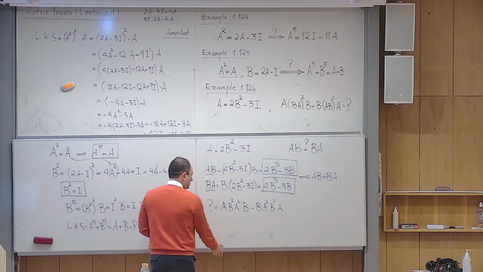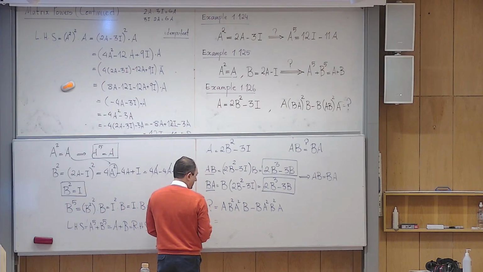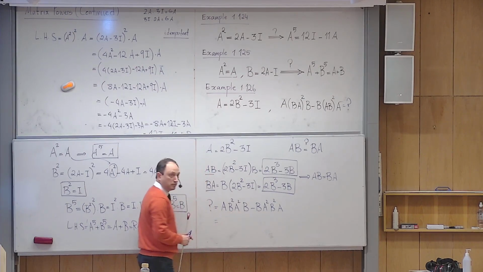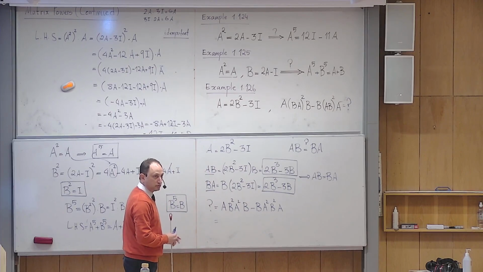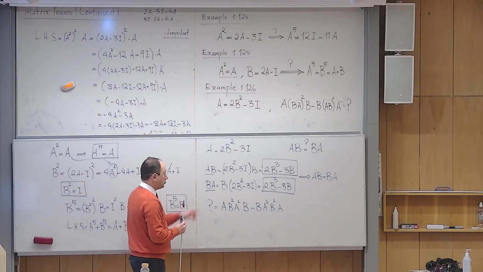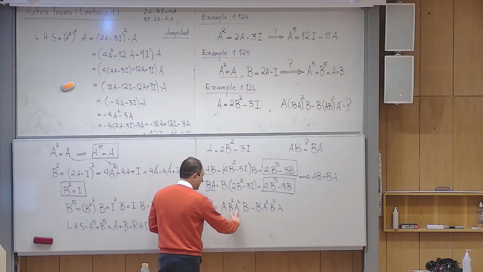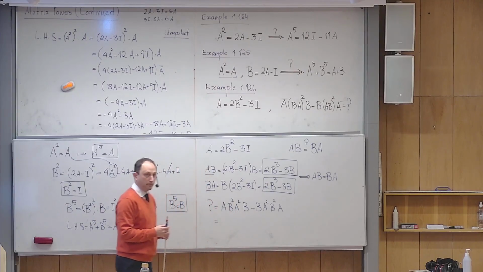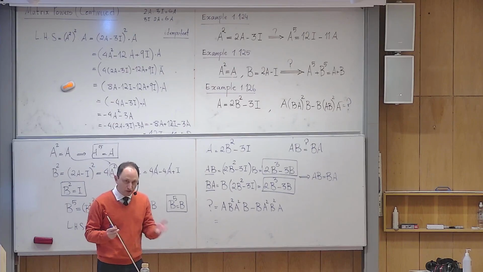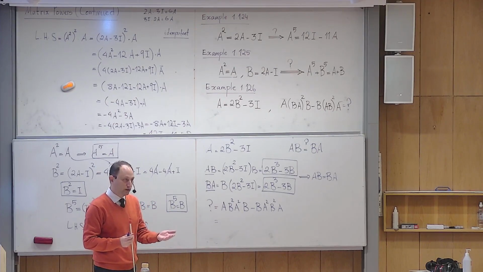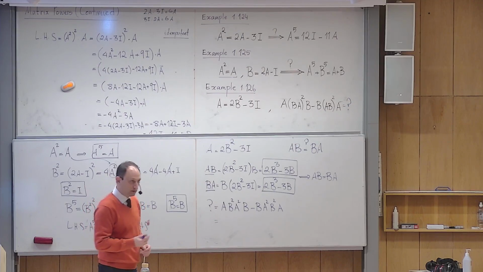let me just remind you of some theorems. Can I commute these two? Yes or no? I know that A and B commute, but this is A squared and B squared. Can I still commute them? That was a theorem, yes? If we have two matrices commuting, any power of one of them will also commute with any power of the other one.